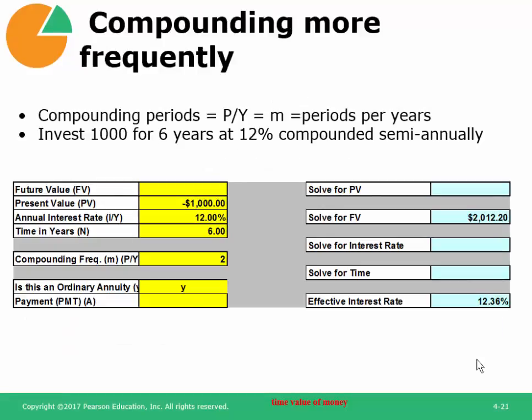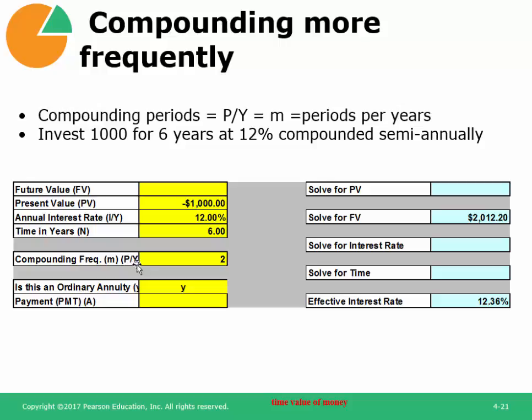What if we change the compounding schedule? In this case, we're going to invest $1,000 for 6 years at 12%, but we're going to compound that semi-annually. So all you need to do is enter your data. The difference in compounding, the number of times per year you calculate interest, is placed in this cell that talks about compounding frequency.